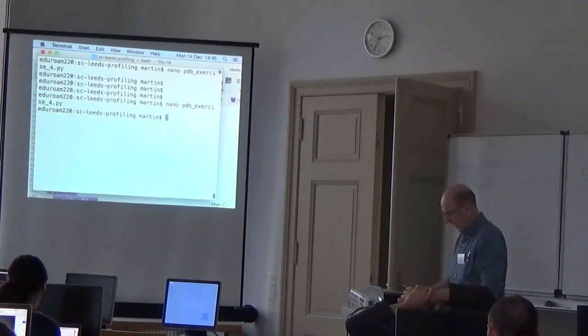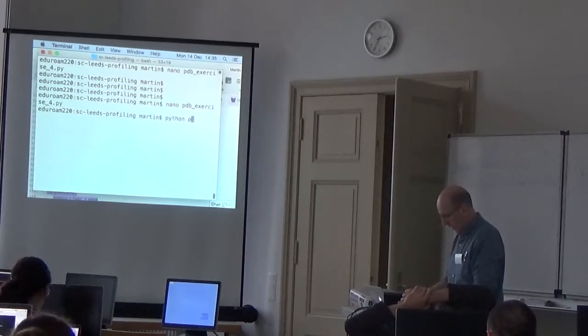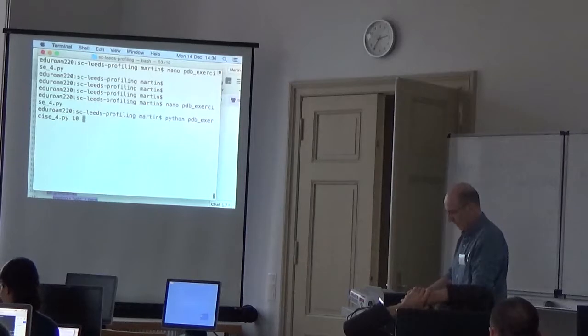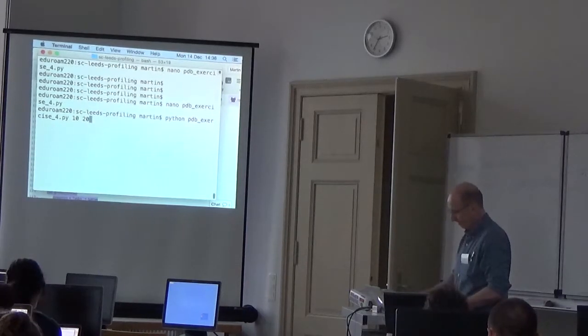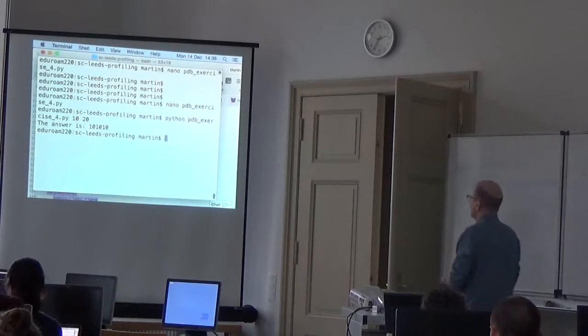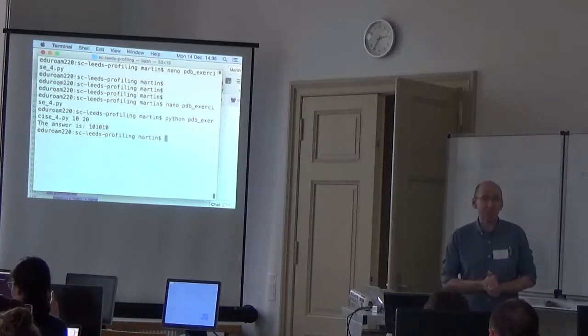So we run it at the command line. So python pdb_exercise4.py. Remember, it expects 2 command line arguments. Let's give it, I don't know, 10 and 20. The answer is 10, 10, and 10. Now, I don't know whether that's right or wrong.